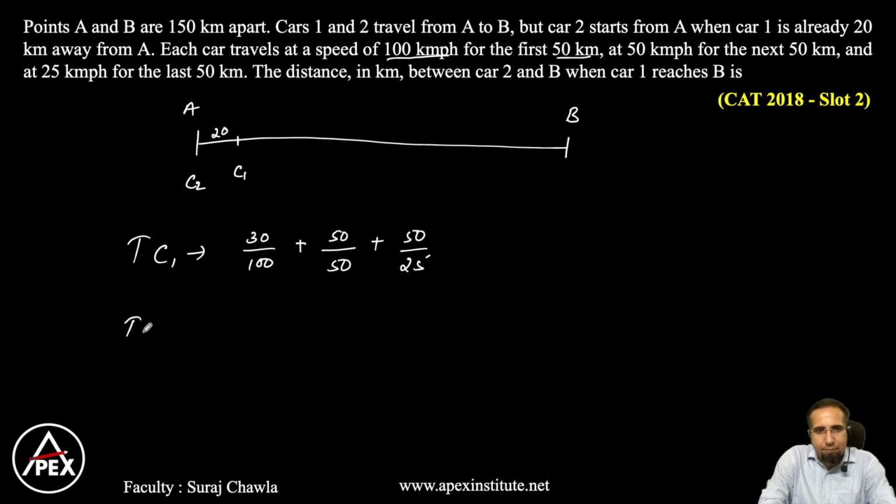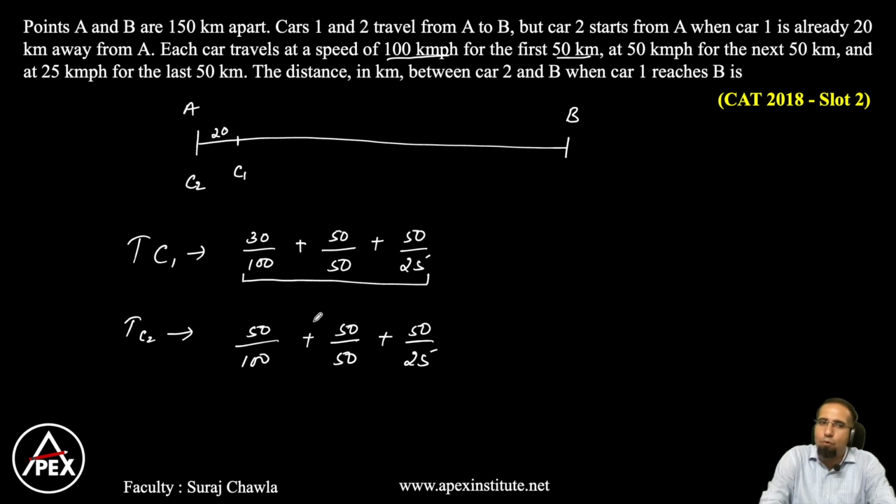Now, let's try to understand the time taken by car 2. The time taken by car 2 ideally should be 50 by 100 plus 50 by 50 plus 50 by 25. Now, what is the difference? If you observe, when car 1 reaches B, I want to know where car 2 is. That means the gap between car 1 and car 2 is only 20 kilometers.